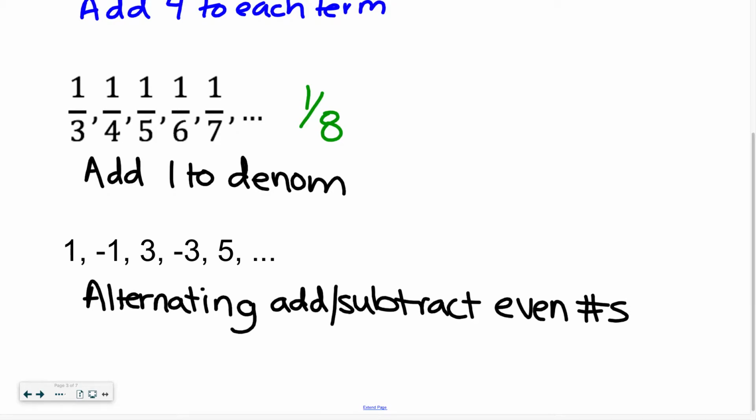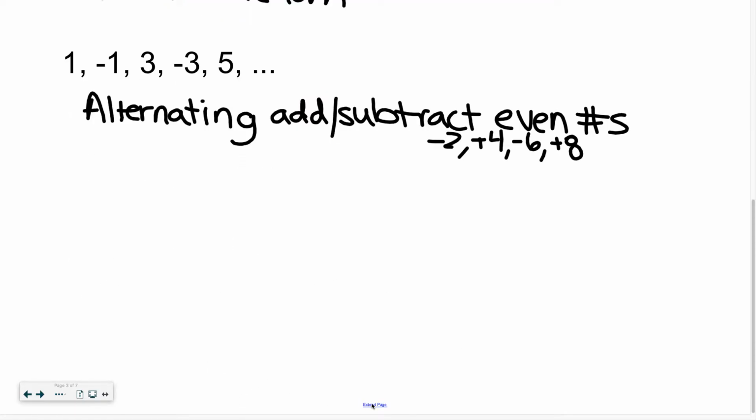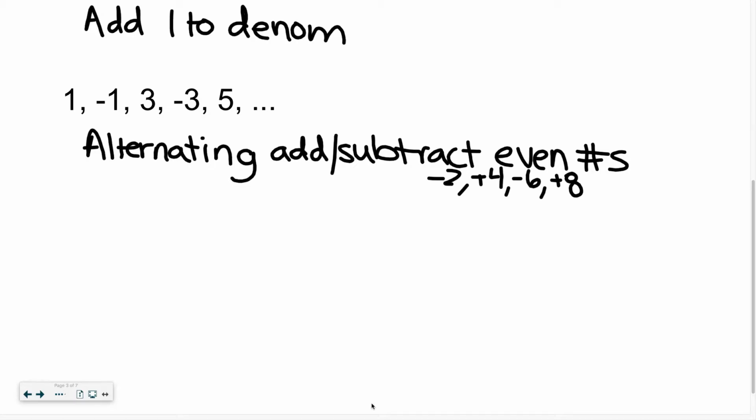Okay, so we did what first? Minus 2, plus 4, minus 6, plus 8. And then, did anybody describe that differently? We described it as just the next odd number, so like 1, 3, 5, 7, 9, 11. It would be like 1, negative 3, 5, negative 7, 9.